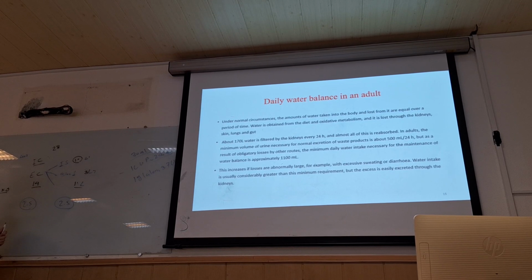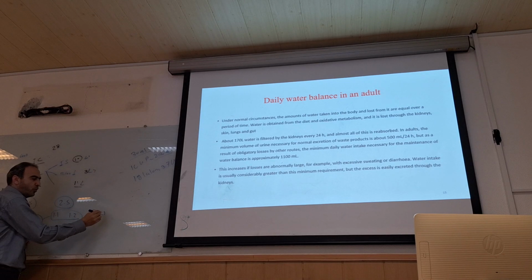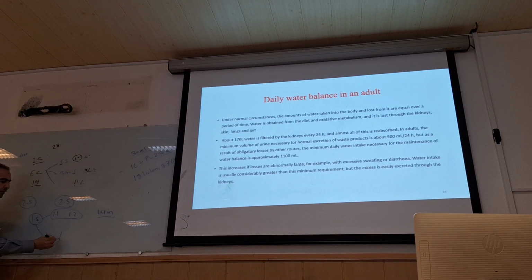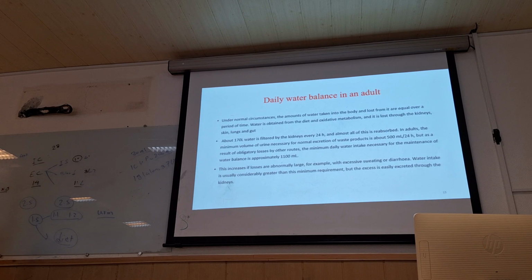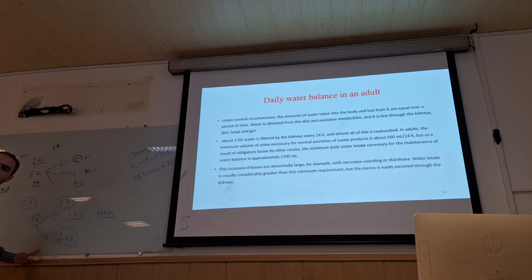Among them, 1.5 liters, though some references say 1.1 or 1.2 liters, we lose by urine, and this amount we receive by diet. So diet, or drinking, is the main source of water intake, and urine is the main source of water excretion.